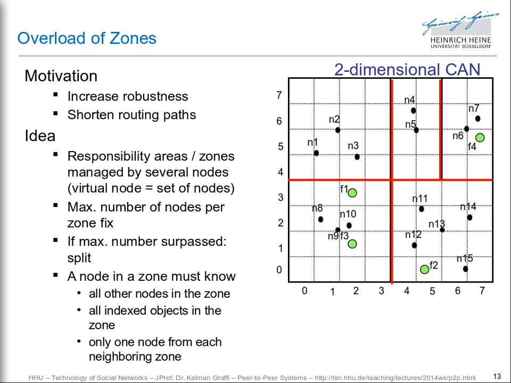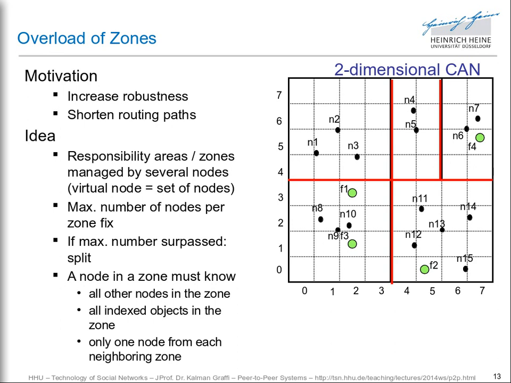So every zone is maintained by a few peers. Okay, the motivation is to increase the robustness, and we can shorten routing paths because we have fewer zones with an equal number of nodes, because the nodes in one zone are connected to each other.